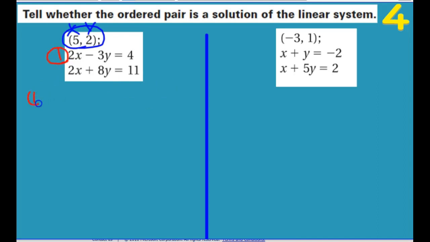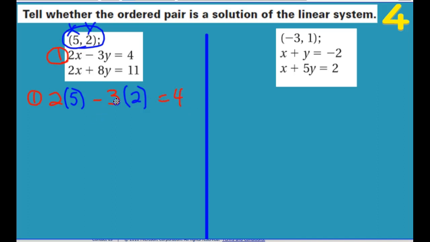So number 1, we have 2, and we said our x was 5. So we need to put 5 in for x. Minus our 3y, we said our y was 2, equals 4.